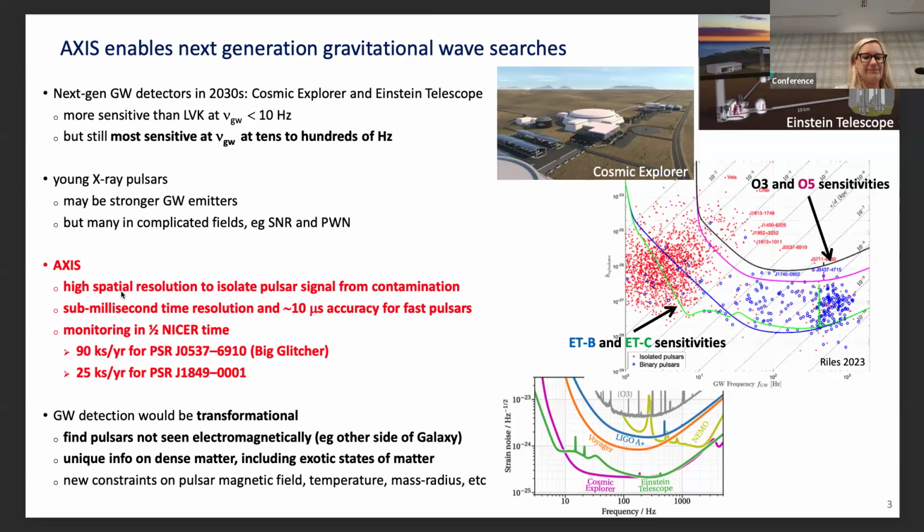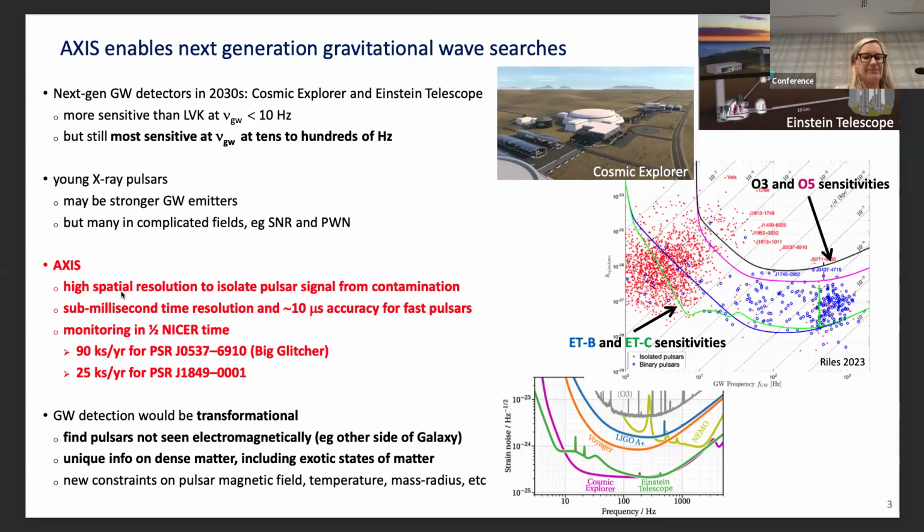That's actually a conservative limit, because NICER is not imaging. It's getting a lot of background photons, so the pulsar signal is buried within lots of, quote unquote, noise, whereas AXIS would not have that. So the estimate of observing exposure time is an upper limit. It would actually be less than that.